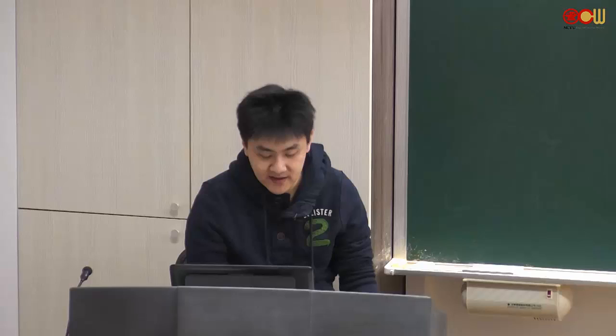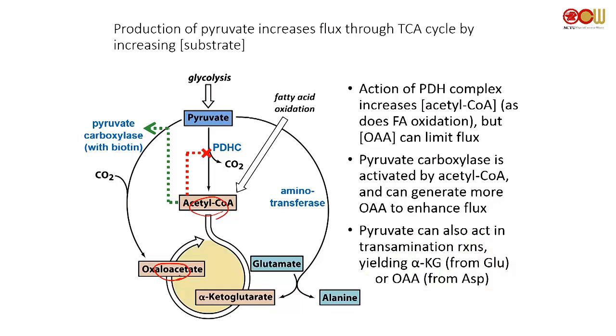And here, what I just want to show you is that the pyruvate pool turns out to be very important for the TCA cycle, because it can regulate the TCA cycle, right? If you think back to our TCA cycle and our anaplerotic reactions, both acetyl-CoA and oxaloacetate can be provided by pyruvate.